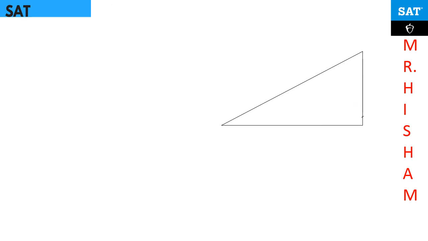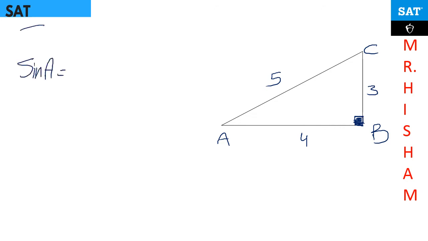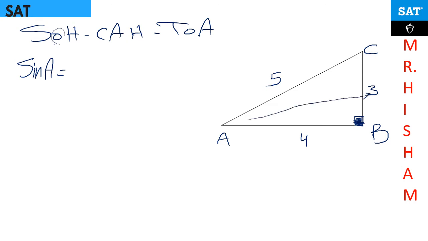For example, if I have a well-known right angle triangle, 3, 4, so the length of the hypotenuse is 5, with angles A, B, and C. And I want to find the value of sine A. By SOHCAHTOA, sine is the opposite of the angle A, which is equal to 3, over the hypotenuse, which is equal to 5.